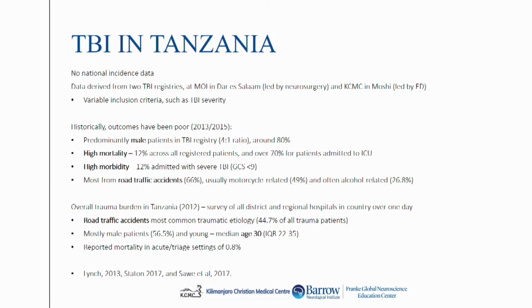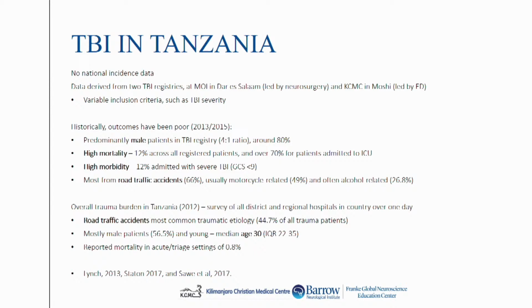And the patterns that we see are that the patients affected by TBI are predominantly male, no surprise there, but around 80% of TBI patients are male compared to female. And there's a high mortality and morbidity rate associated.